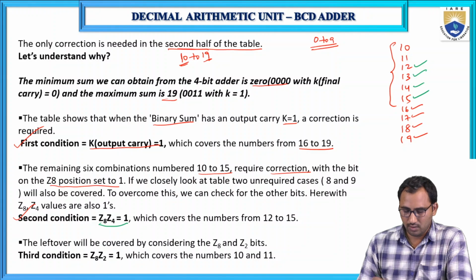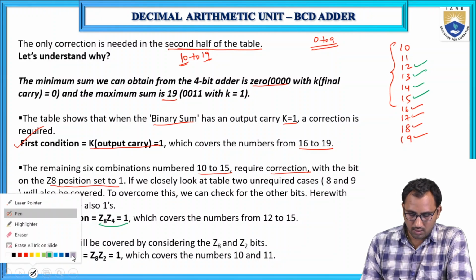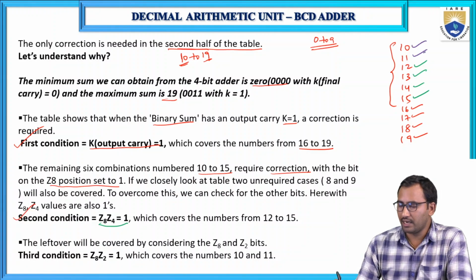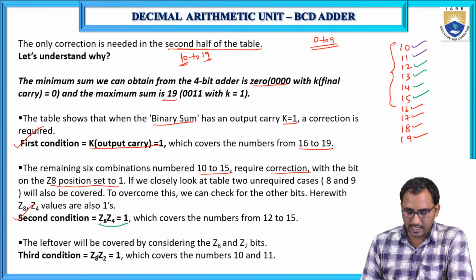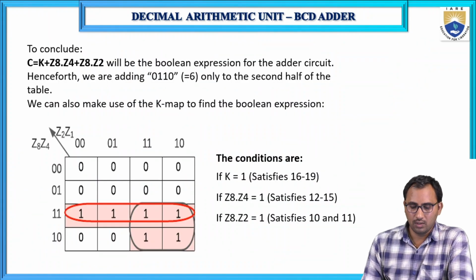The remaining 10 and 11 are covered by taking Z8, Z2 equal to 1. In this way, all the numbers from 10 to 19 will be covered. So the Boolean expression for the adder circuit is C equal to K plus Z8 Z4 plus Z8 Z2.